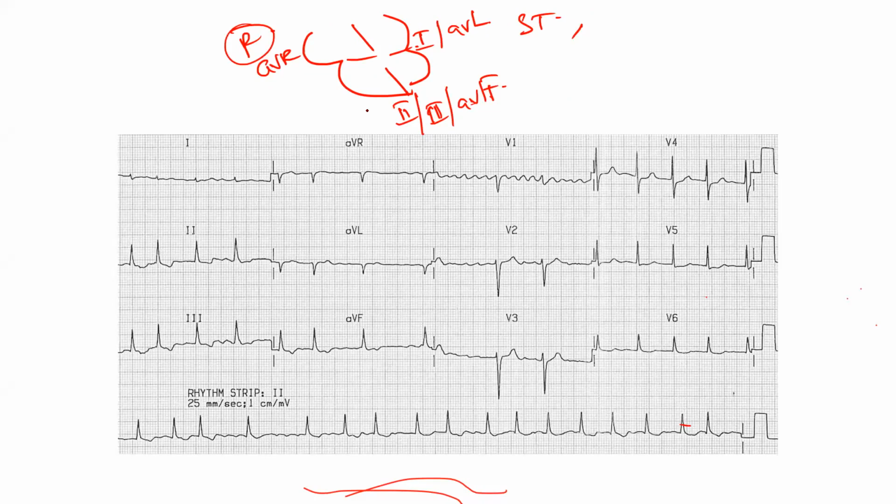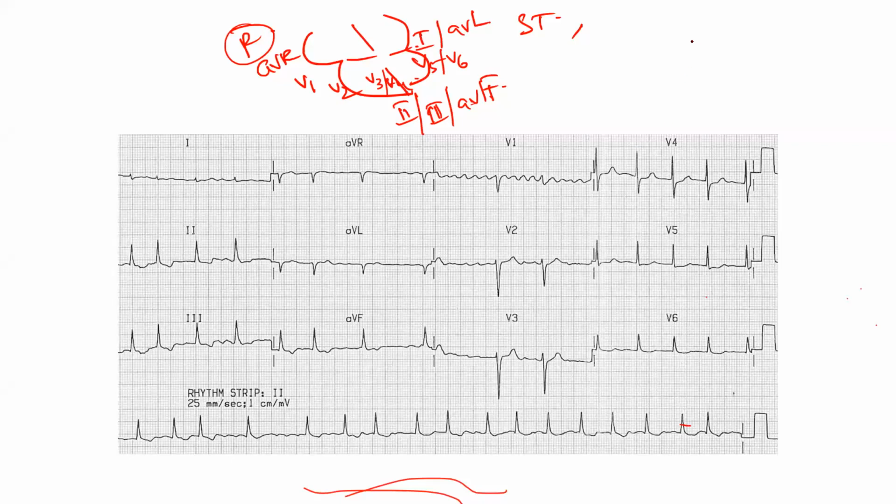So these are the leads which face the heart from the sides and the base. What are the leads which face it from the front? V1, V2, V3 and V4 face the septum and left ventricular wall, then V5 and V6. With this knowledge in the background, if you find a particular change in a particular lead, that part of the heart is going to be affected.